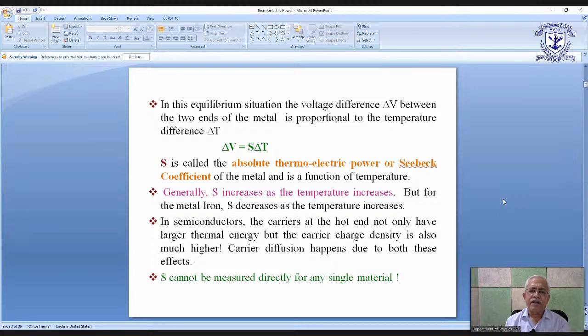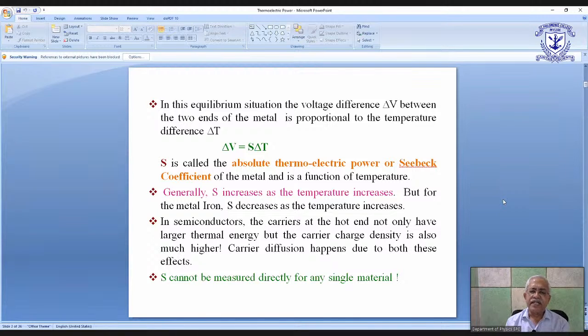And therefore, the heating of one end of the semiconductor not only adds kinetic energy to the free carriers, but it also increases the number of free carriers. Okay, this is because the donors start contributing heavily to the conduction electrons in the conduction band. So carrier diffusion can now happen due to both these gradients, the temperature gradient and also the concentration gradient. Okay, so semiconductors behave a little differently from metals.